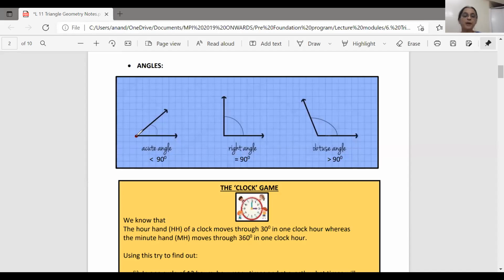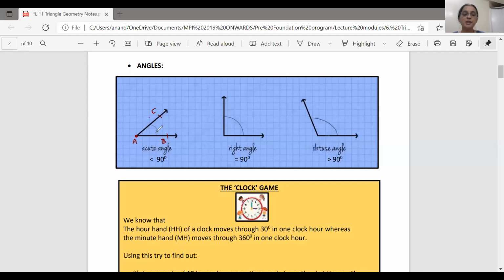Suppose I take this point, for example, and call it A. And then I draw this ray AB in this direction, and in some other direction I draw another ray, I call it AC.